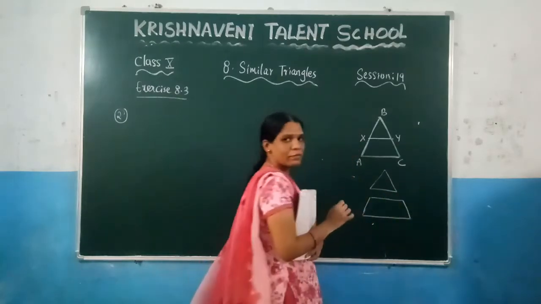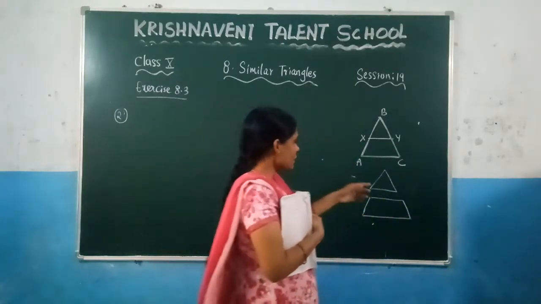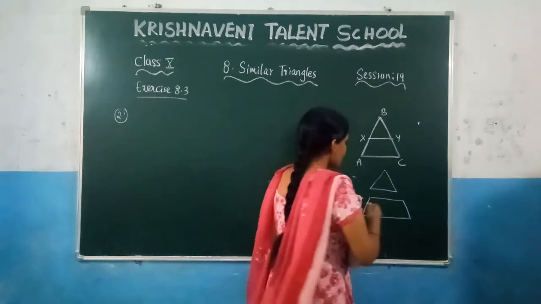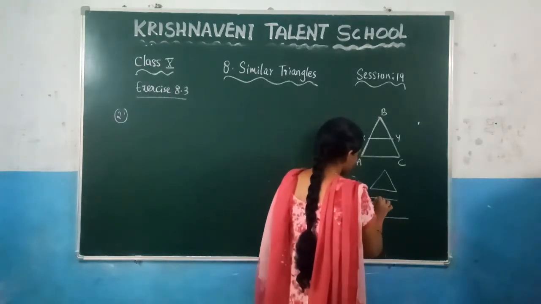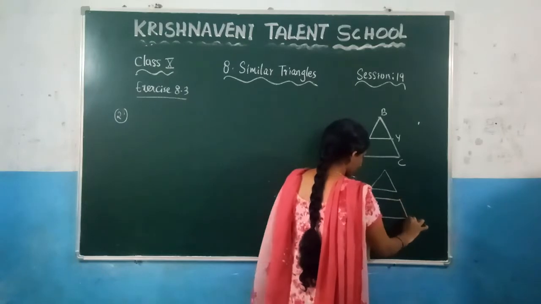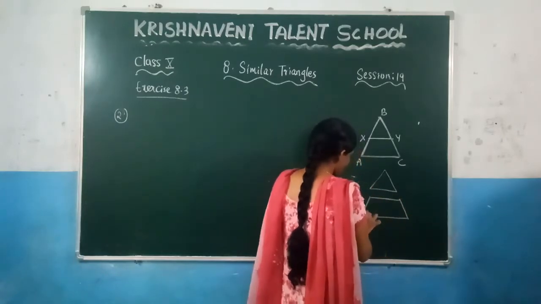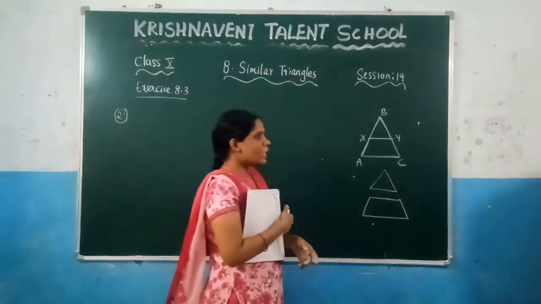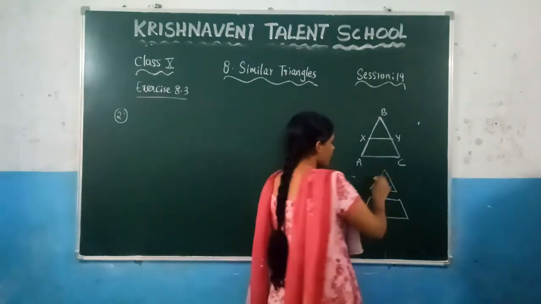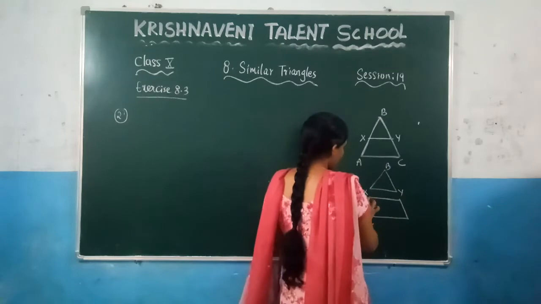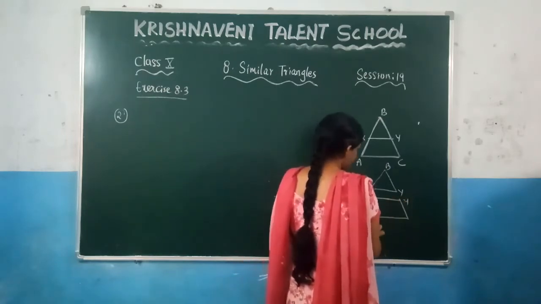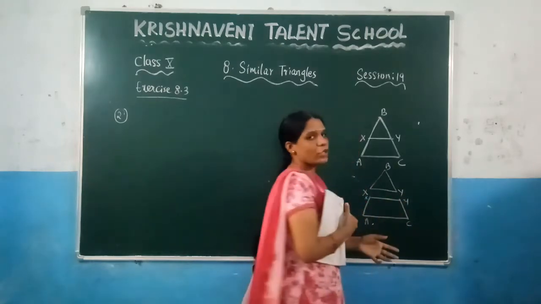This is what they have given. This line XY divides this triangle into two equal areas. That means the area of the triangle BXY is equal to the area of the trapezium XYAC. This is the meaning of this statement.